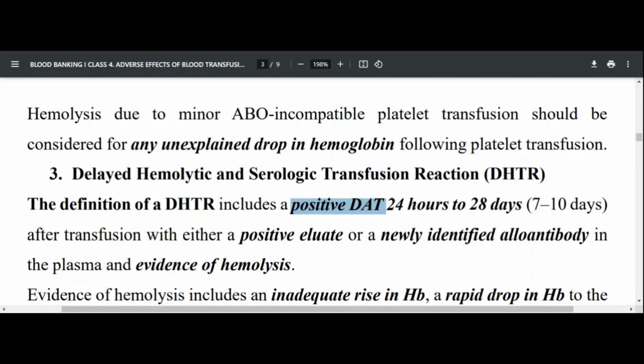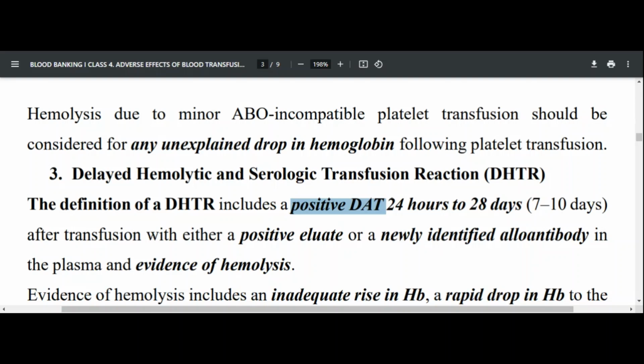So when it is positive, it means we are going to use eluate in order to identify antibodies using antibody identification screening cells, and then we can identify antibodies. And when we find that that sample is positive for antibody identification panel, then we can say that is a positive eluate. So that's a long process, but we are going to see it maybe next week. We'll see antibody screening panels and how to use the eluate in the panel, right?